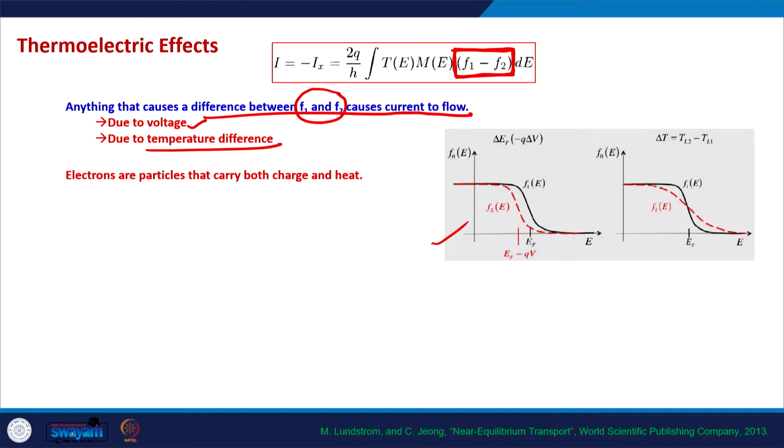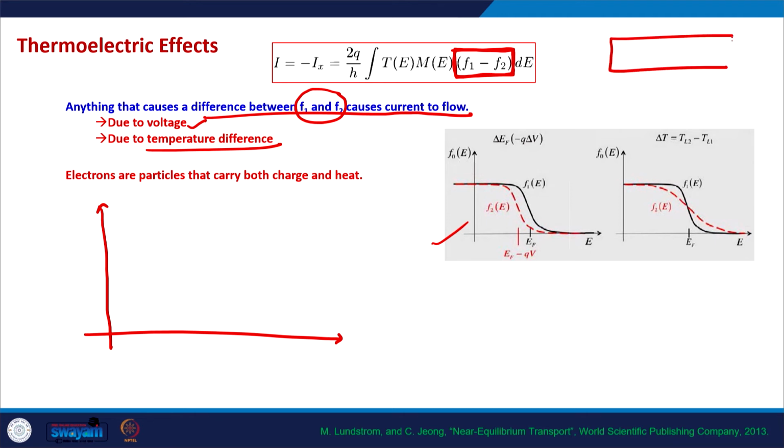So this is a plot. Let me, for the sake of better understanding, draw it here as well. If we have a two-terminal device, with source and drain, the source Fermi function is F1 and the drain Fermi function is F2.